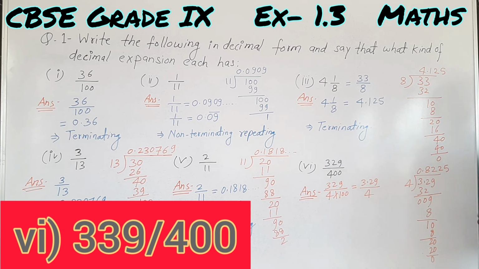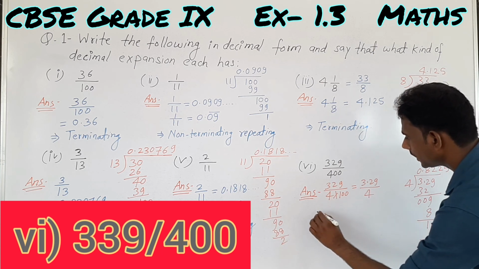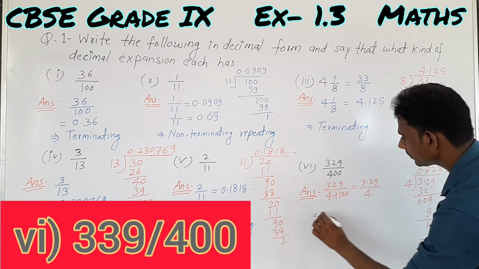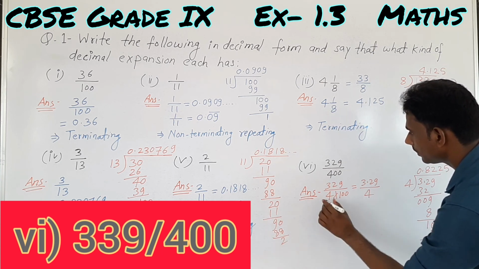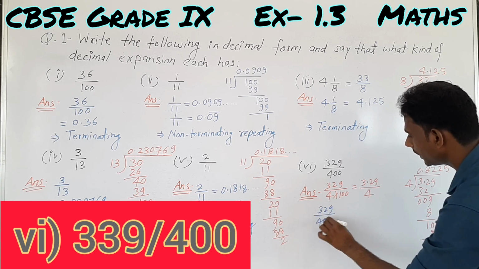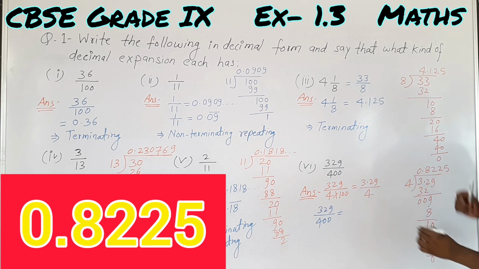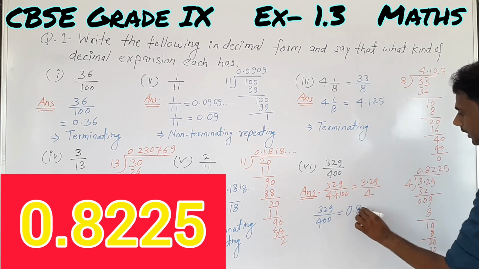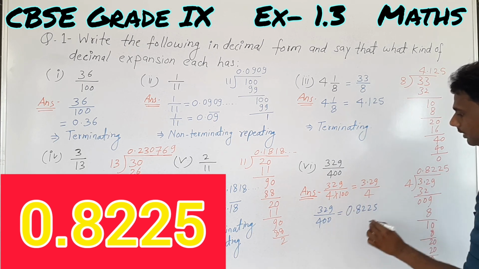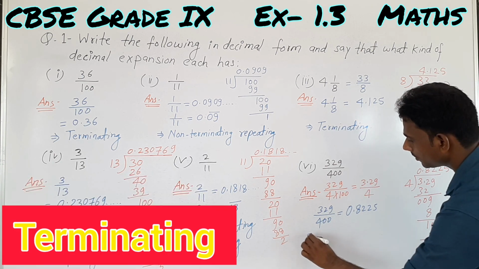If the remainder is 0, then 329 upon 400 is equal to 0.8225. It is terminating.